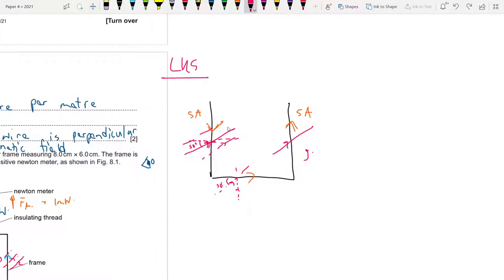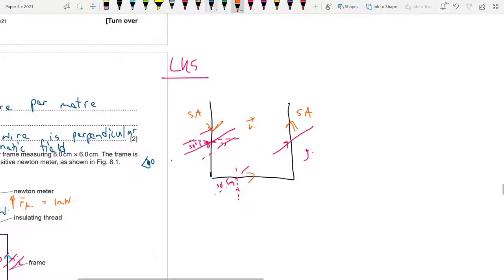So make your index finger point that way, because it's already 90 degrees, and make your middle finger point down. Do it properly: point your index finger on the screen in this direction, and the middle finger should point down like this.